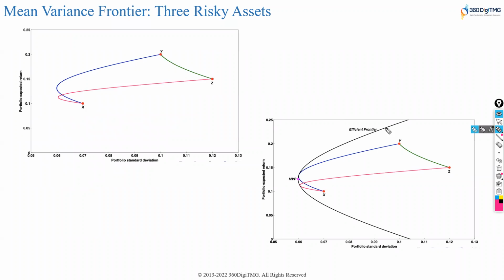So out of all these assets, you can come up with something called the efficient frontier, which is this line, which is kind of a mean variance portfolio. And this efficient frontier mean variance portfolio would be called the most optimal portfolio.